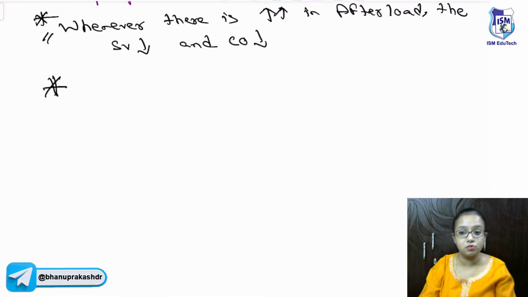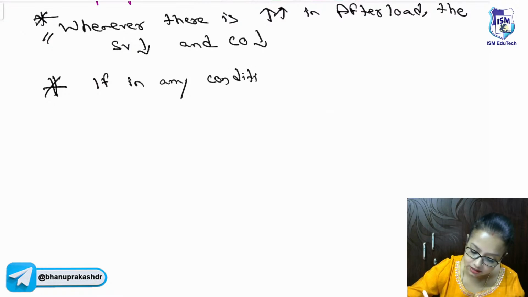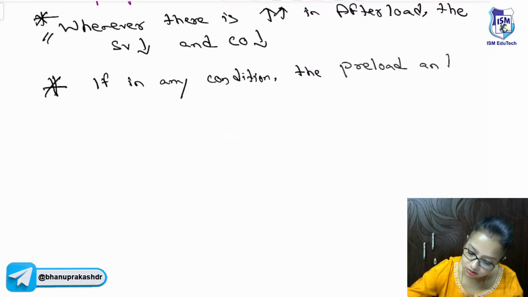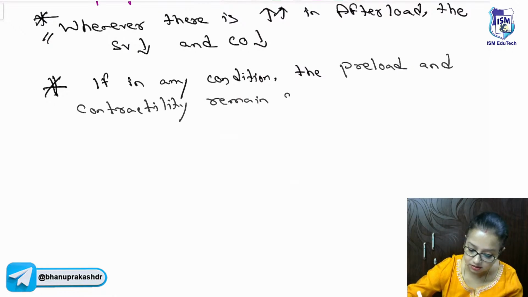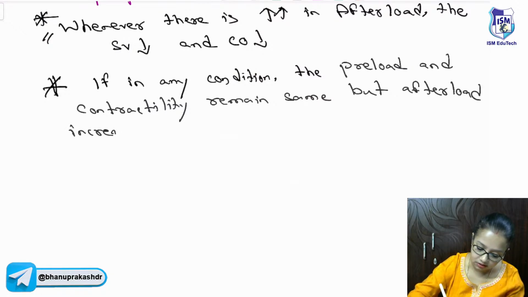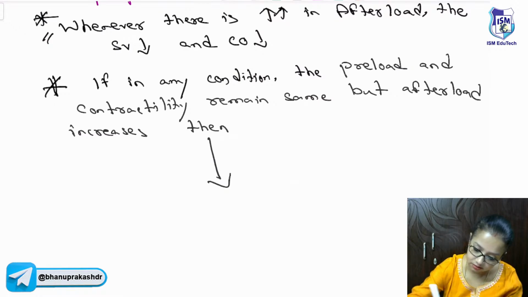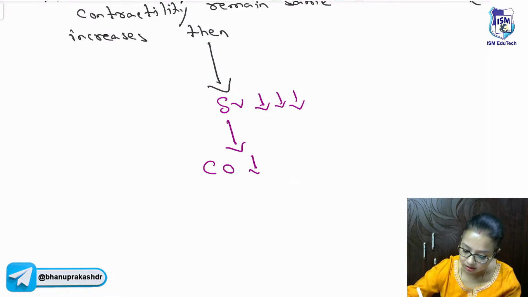An even more important point to remember is that if in any condition the preload and contractility remain same, but afterload increases, then stroke volume will decrease and cardiac output will decrease.